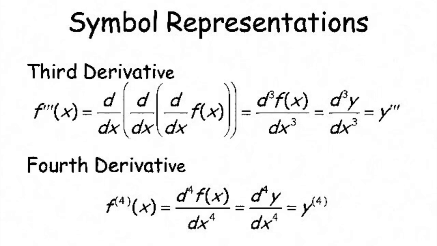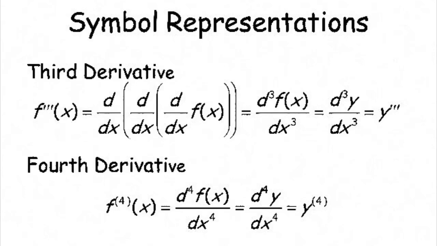Similarly, when we differentiate the third derivative again, we come to the fourth derivative. So it is denoted by f raised to 4 of x, or derivative of derivative of f of x.